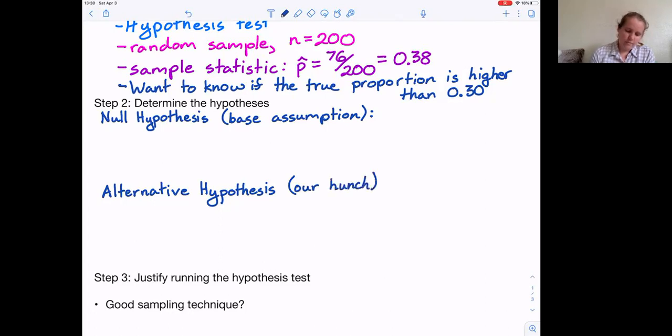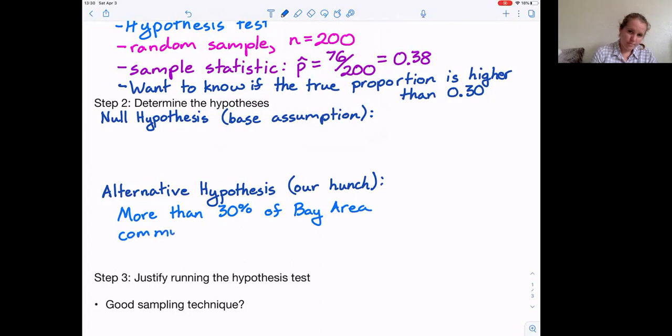So our null hypothesis, often I write after our alternative hypothesis. So our alternative hypothesis is that more than 30% of Bay Area community college students work full-time.